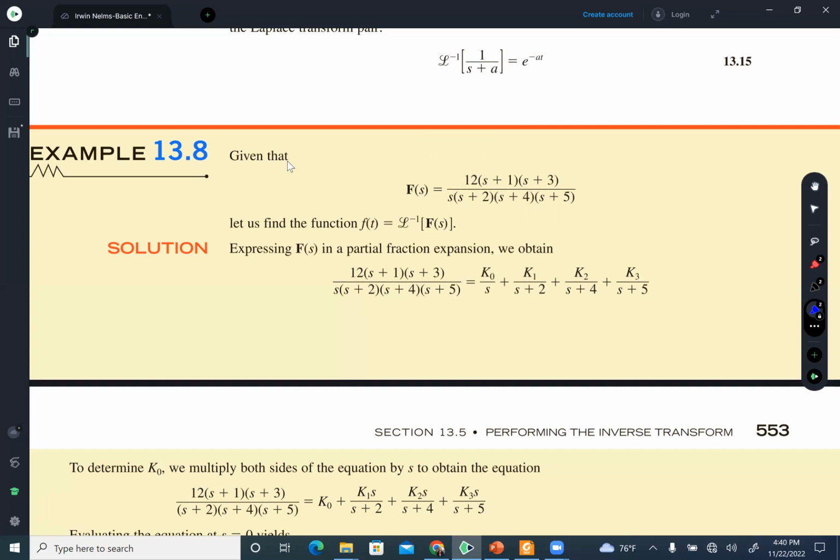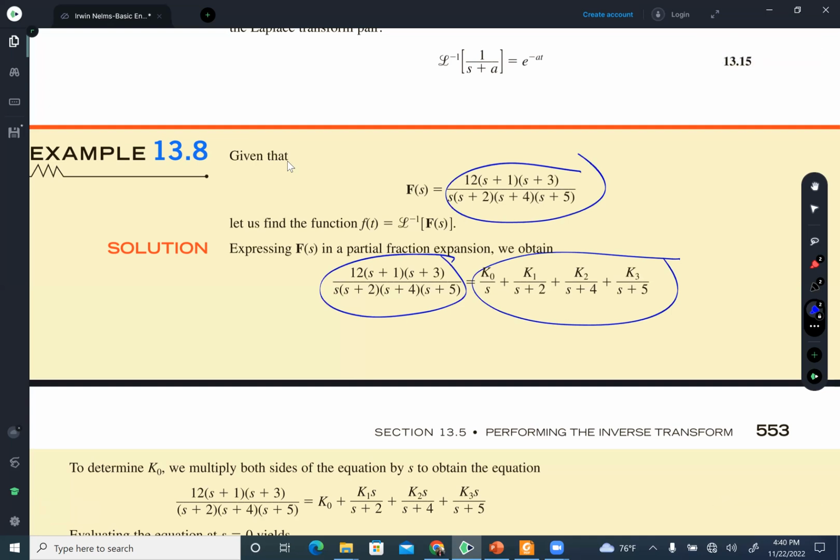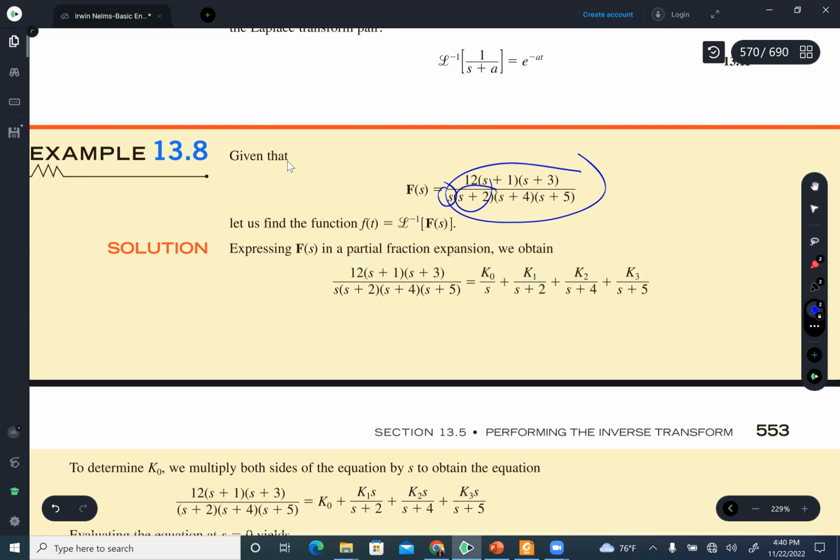In other words, a constant divided by the first term in the denominator, plus another constant divided by the second term in the denominator, plus another constant, etc. Right? If I can write it that way, then I know how to take the inverse Laplace transform of each term.